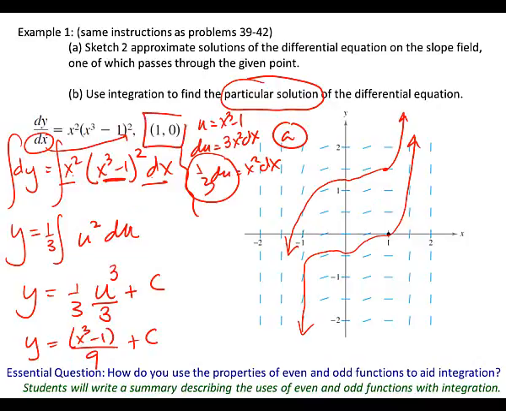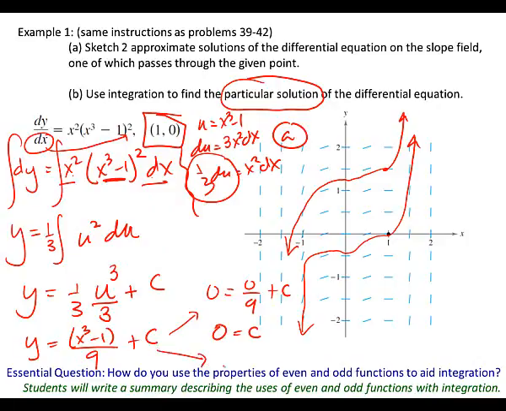The other thing I haven't done yet is solve for c with that point to find the particular solution. So what am I going to put in for the y? What does it say? 0 goes in for the y part. So 0 equals, and then what's going to go in for the x part? 1. All right, nice, because what's 1 minus 1? 0 over 9 plus c, so c is going to be 0.